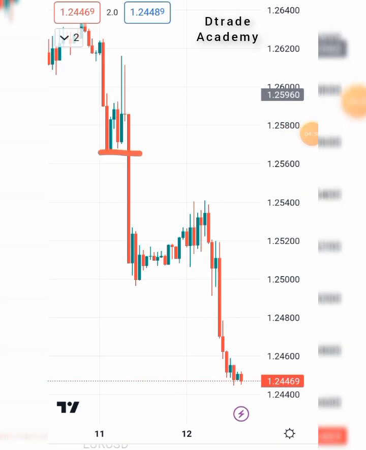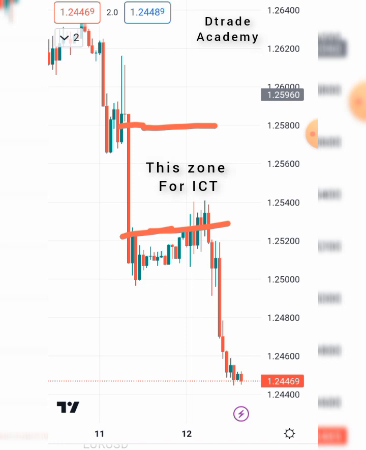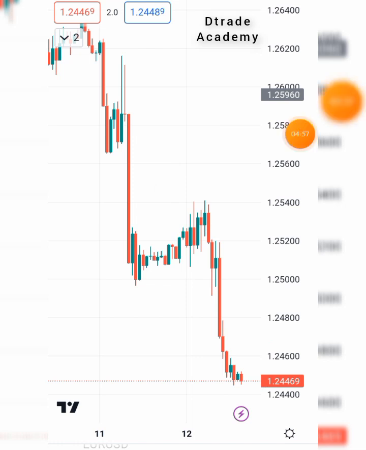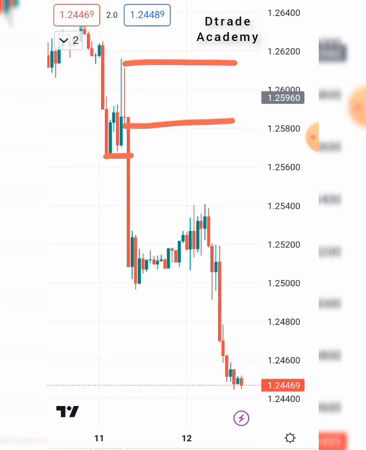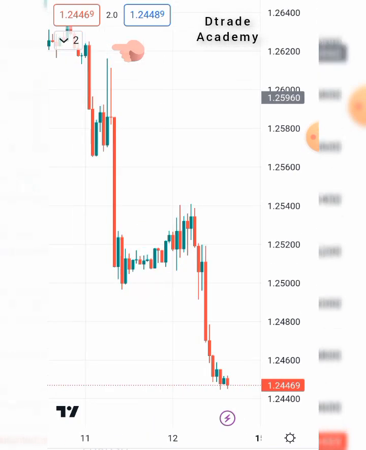With that huge displacement candle, we have to look for imbalance, and towards that imbalance is where we look to place trade. So with ICT, you would have picked this trade and you stand to make profit. But with smart money concept, we'll be waiting for the market to come to that order block area, and we'll miss that opportunity.